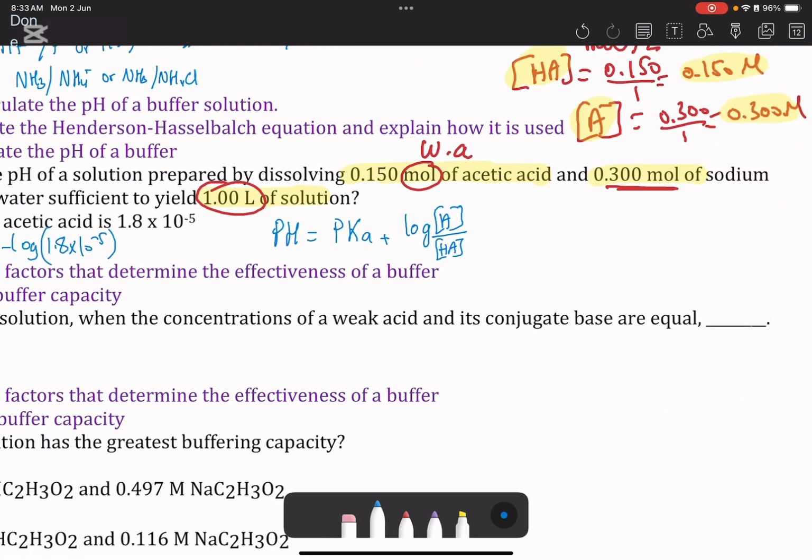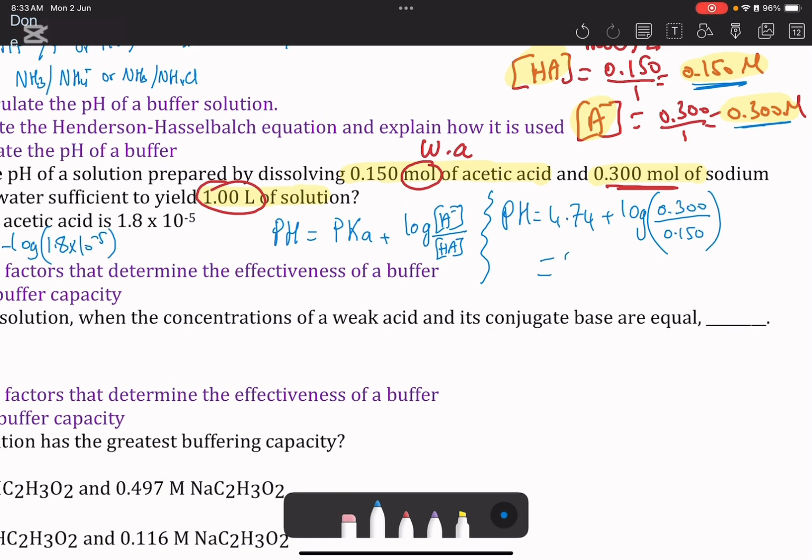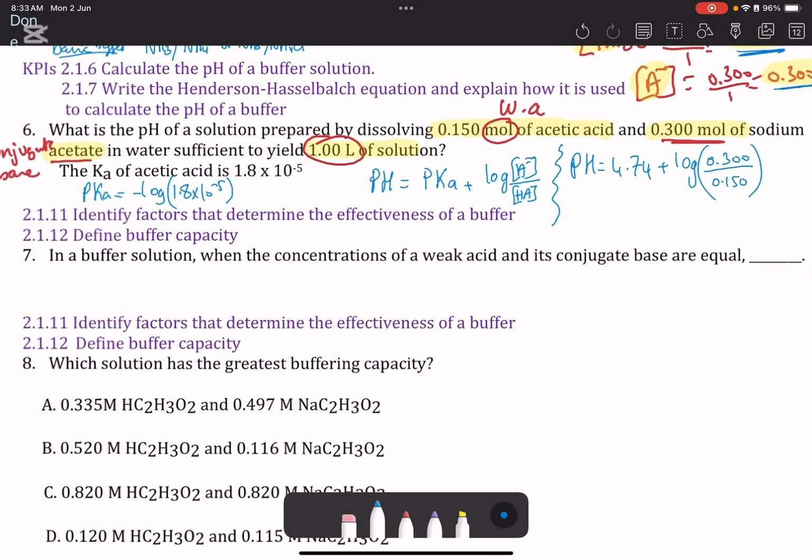So pH equals 4.74 plus log of the conjugate base over the acid, so 0.3 over 0.15, log of that answer. And the final answer is 5.04. The pH has no unit.